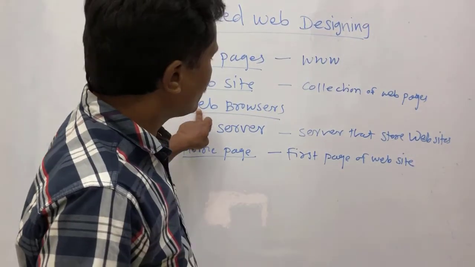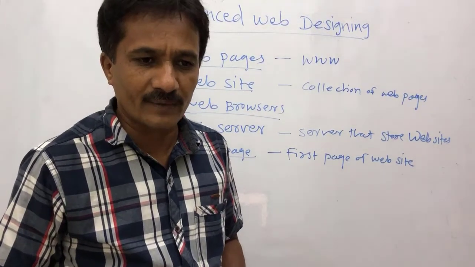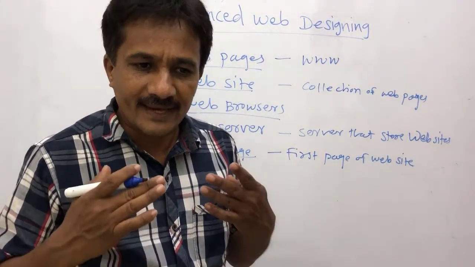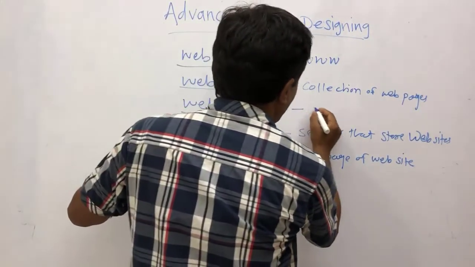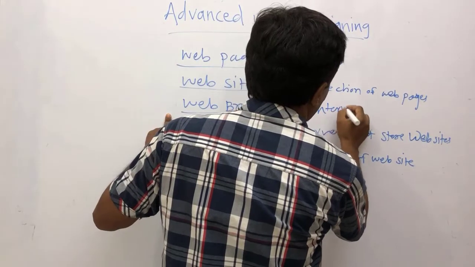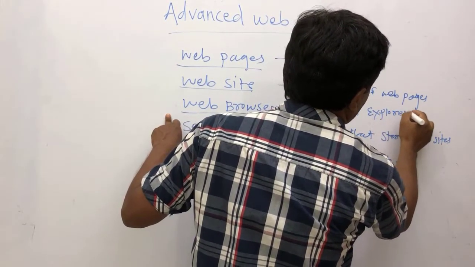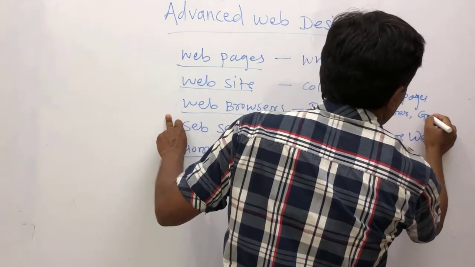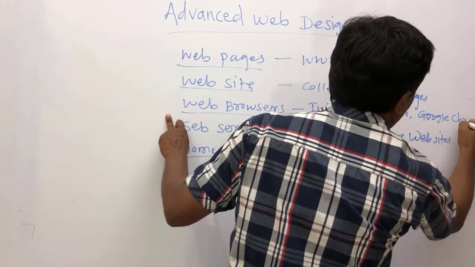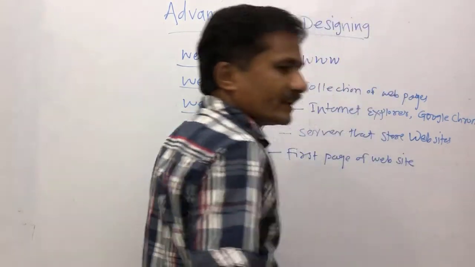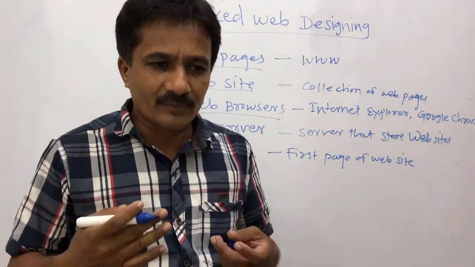Then what is a web browser? A web browser is a software program through which we can access web pages. For example, web browsers are Internet Explorer, Google Chrome, Mozilla Firefox, Safari, Netscape Navigator, Netscape Communicator.